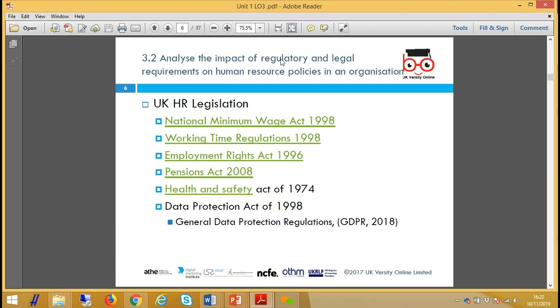The Employment Rights Act of 1996 creates the rights and responsibilities around what we call unfair dismissal and things like that, wrongful dismissal and so on. So what do we classify as a fair or unfair dismissal? What do we classify as a wrongful dismissal?